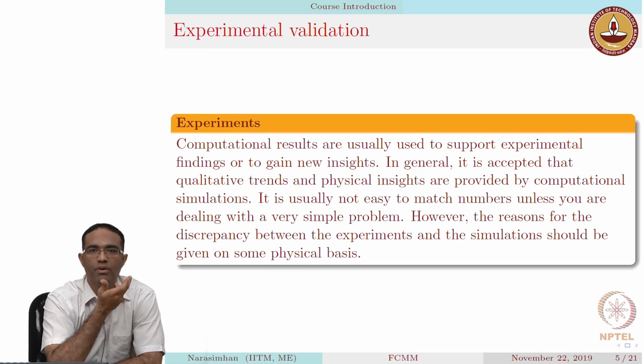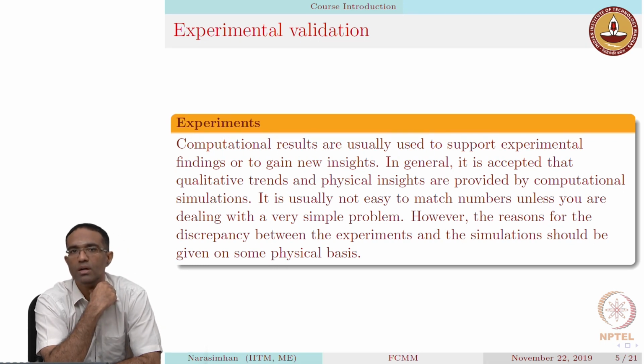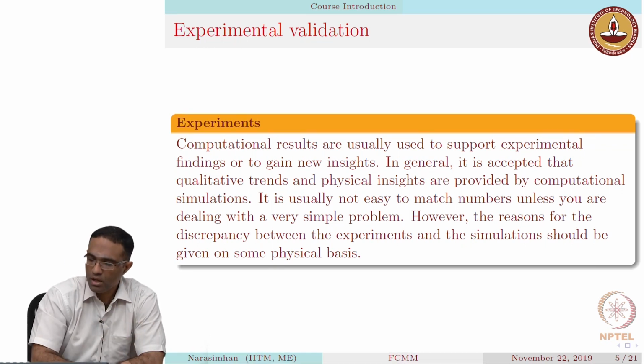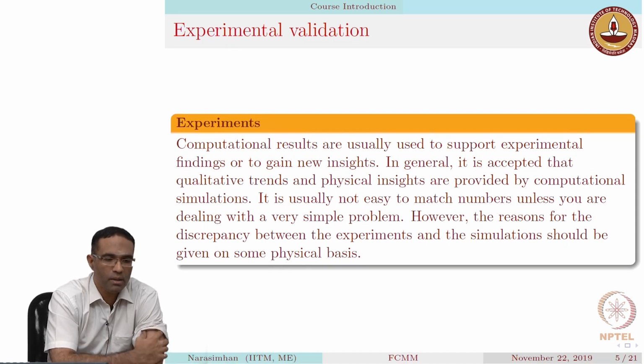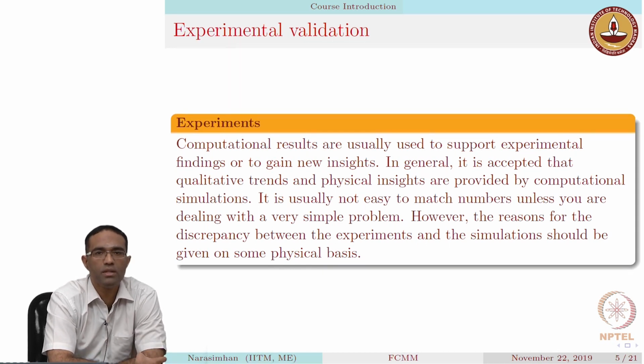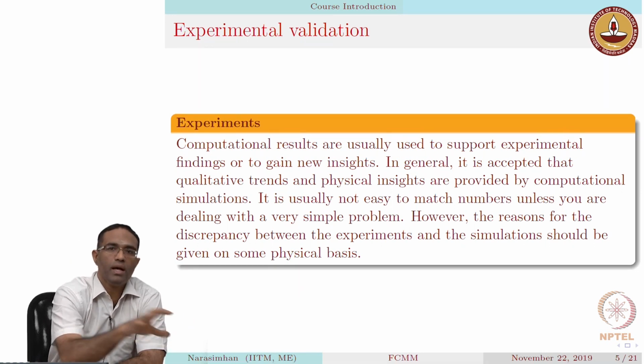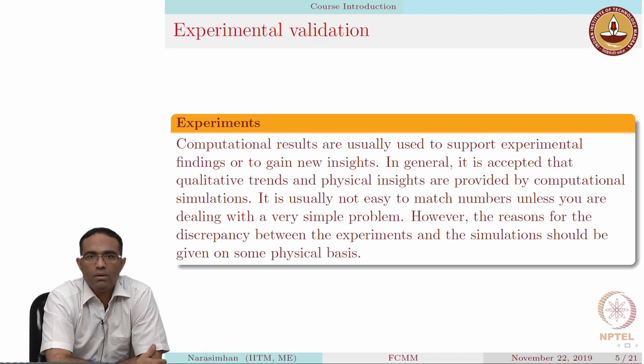There could be several reasons for it, but you should make sure that the reasons are as logical as possible so that your simulation results are at least qualitatively acceptable. But I should also mention that it is very hard to expect quantitatively the same numbers for many different problems between the computational result and the physical result.